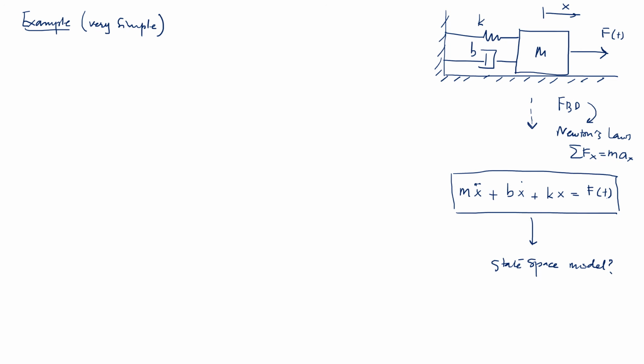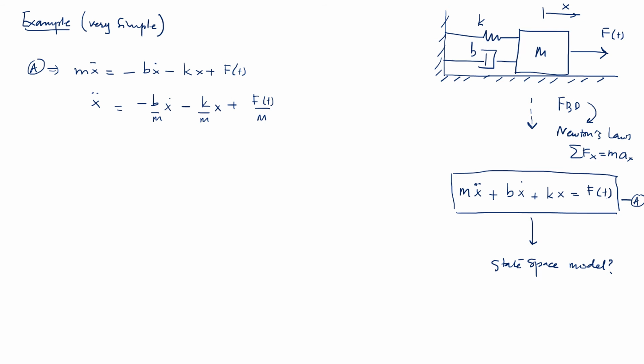Once again, let me write down this equation as equation A. This can be written as m x double dot equals minus b x dot minus k x plus f of t, and then x double dot equals minus b over m x dot minus k over m x plus f of t over m.